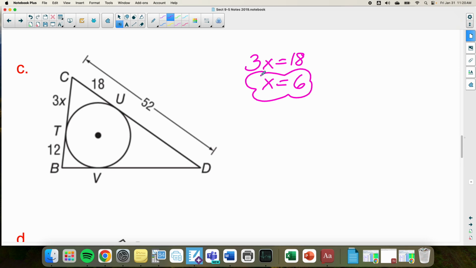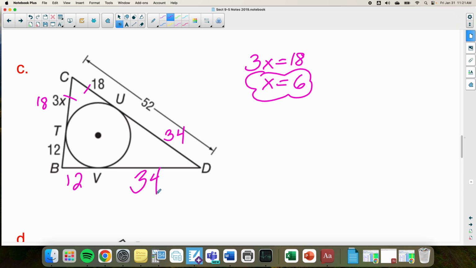Okay, so this is 18, that makes this 18, 12 and 12. Do you guys know how I'd find this distance? If the whole thing's 52 and that's 18, wouldn't I subtract and it would be what, 36? 34. 34, thank you.